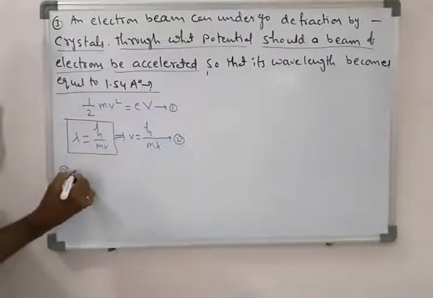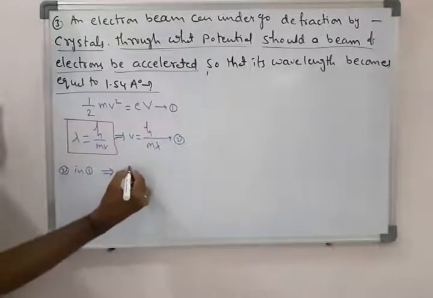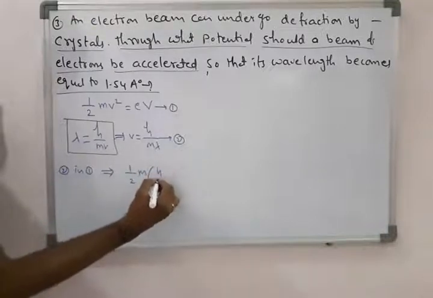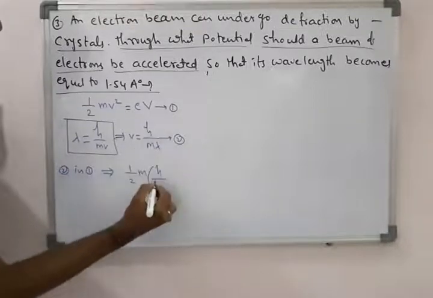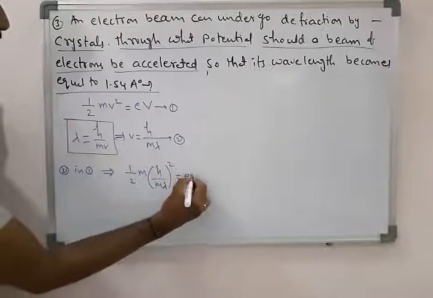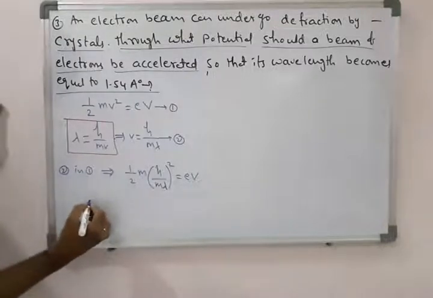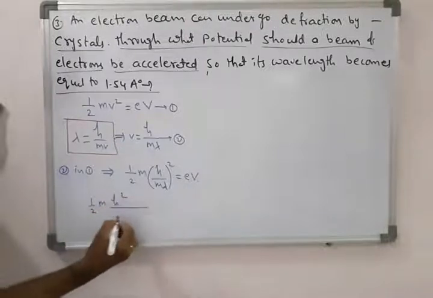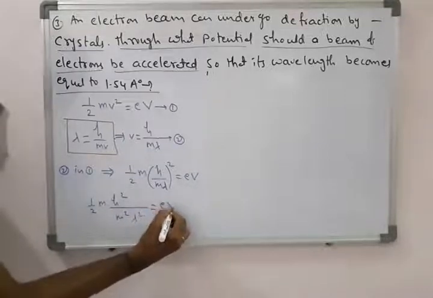Substitute this equation 2 in equation 1, and here we get half m v square, meaning (h by m lambda) square, that is electron volt: half m, h square by m square lambda square, equal to eV.